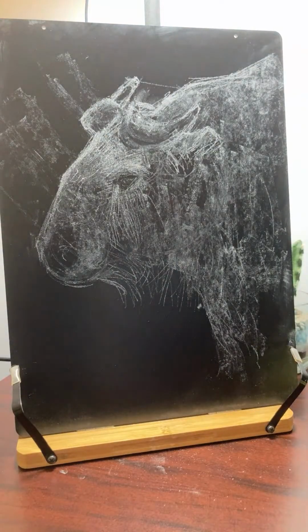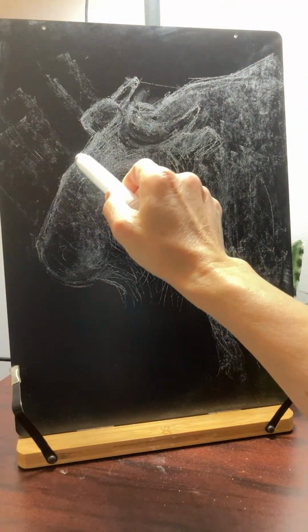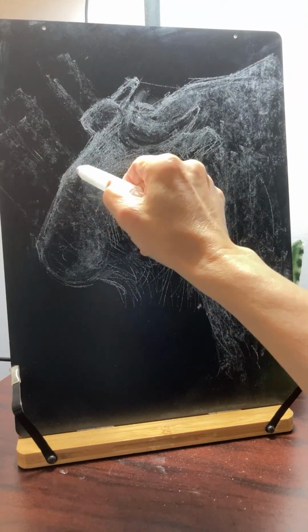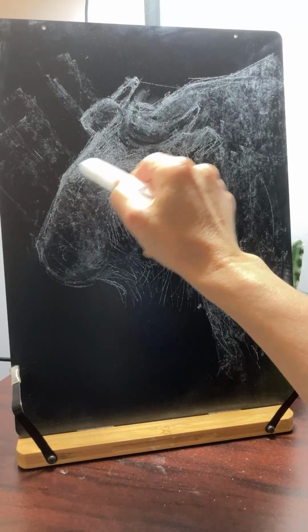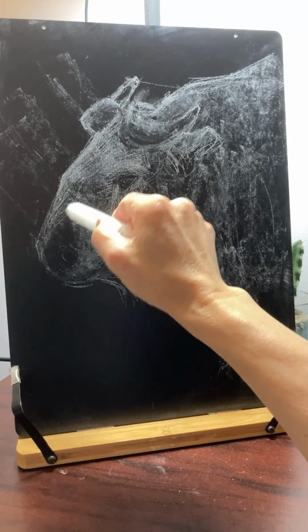So I draw this first. It is very bright. And then the hair goes like this.